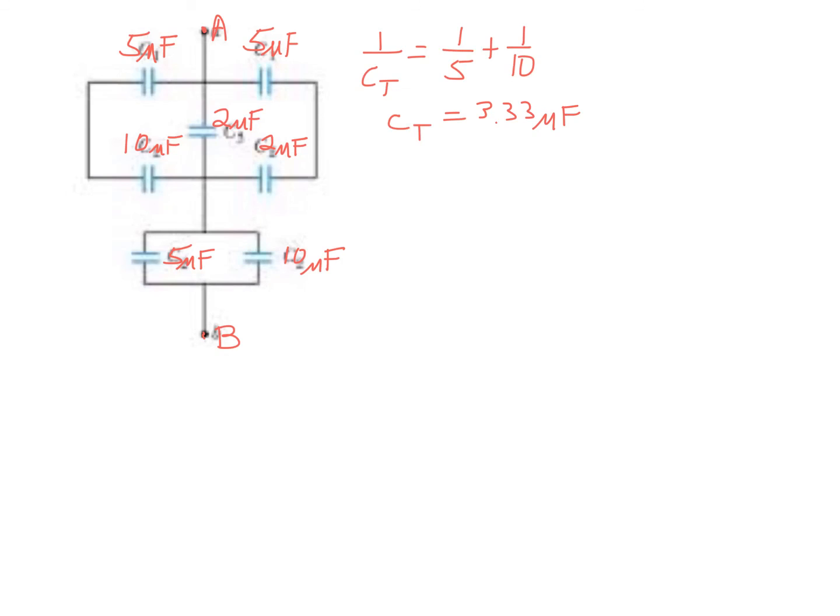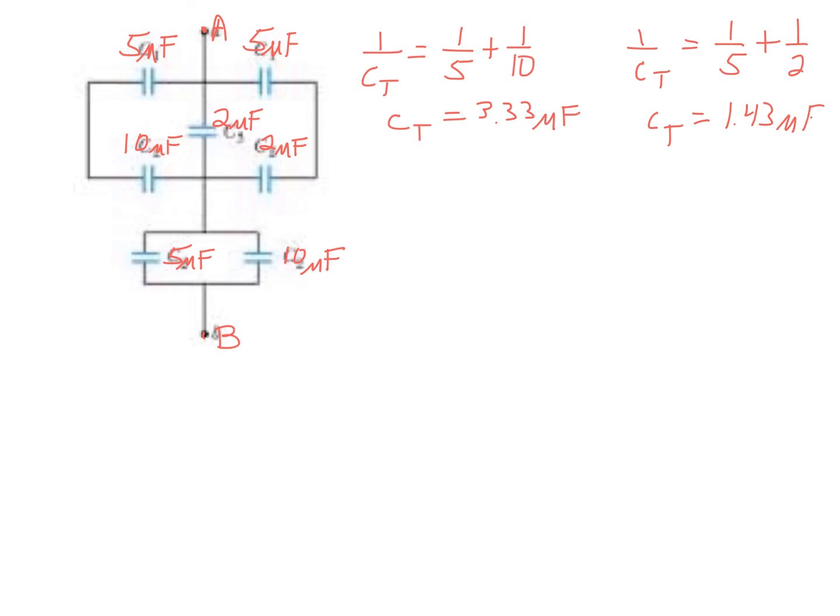In the upper right, I have a 5 and a 2. 1 over C total equivalent equals 1 over the 5 plus 1 over the 2. And if I do the math there, that comes out to be 1.43 microfarads. And then on the very bottom, down by point B, that's going to be parallel. So just add those up. 5 plus 10 is 15.